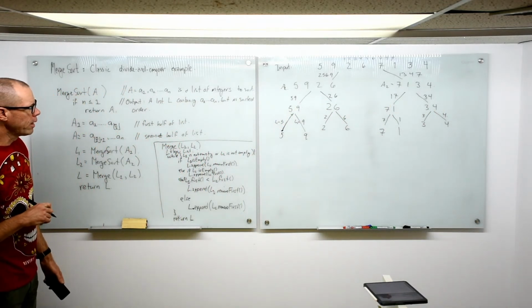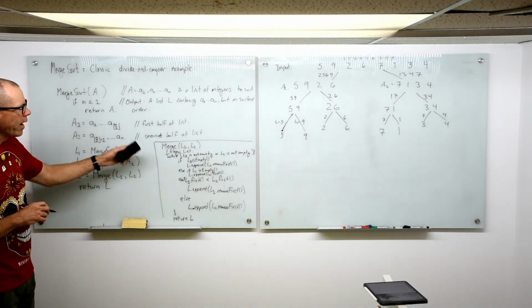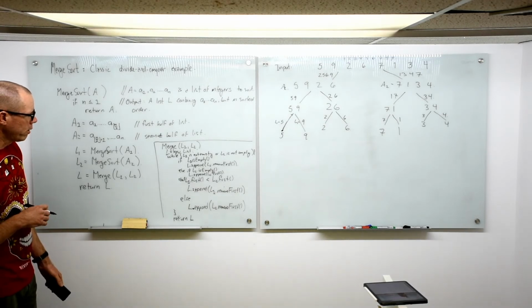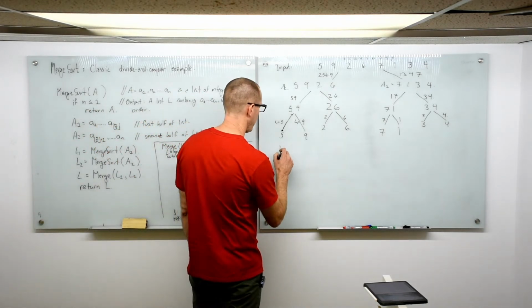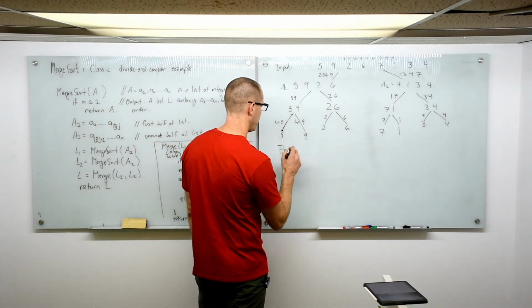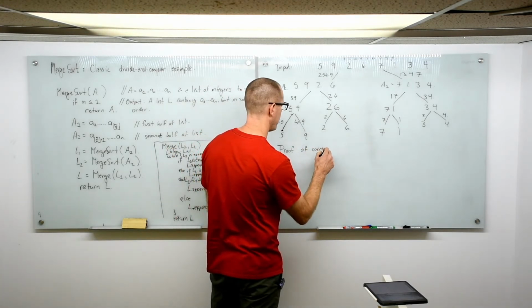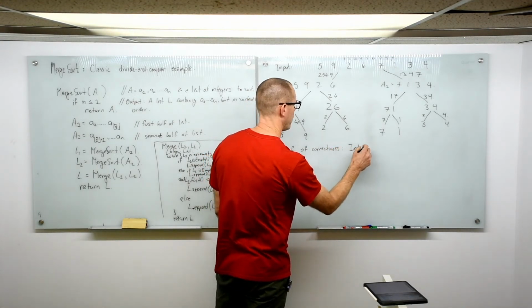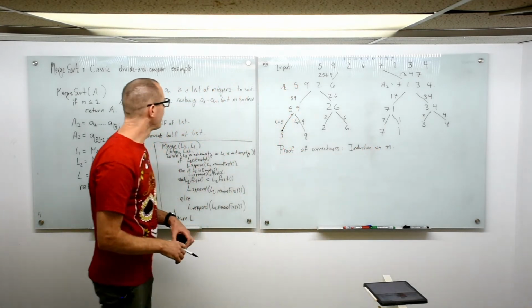So, you know, you can try and prove that this thing is correct, and the proof for that would be by induction. And I'll just sketch it and then explain why I don't really like to do those kinds of proofs. So proof of correctness is by induction on n, the length of the list.